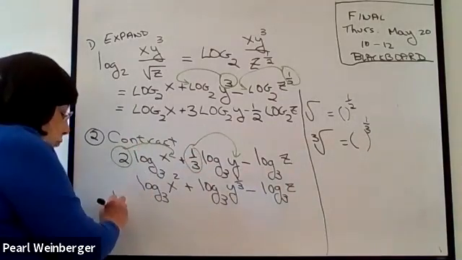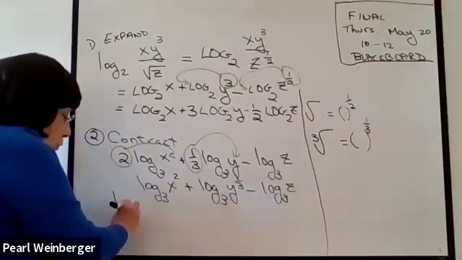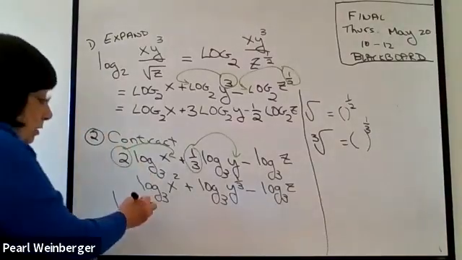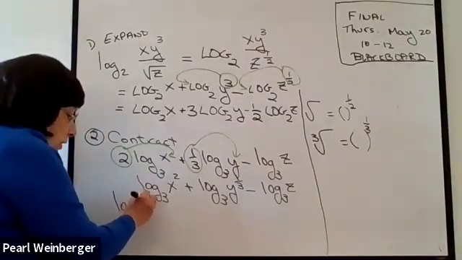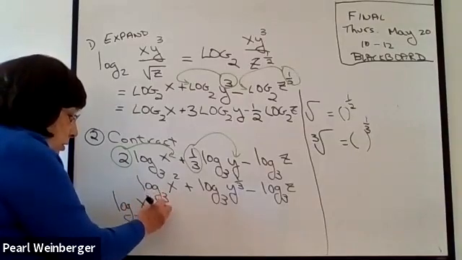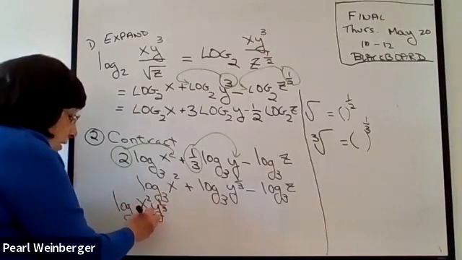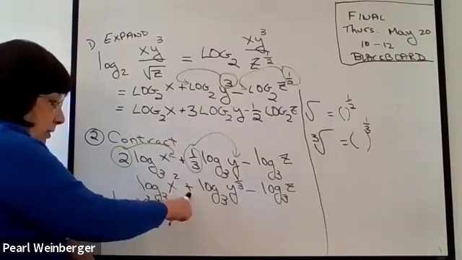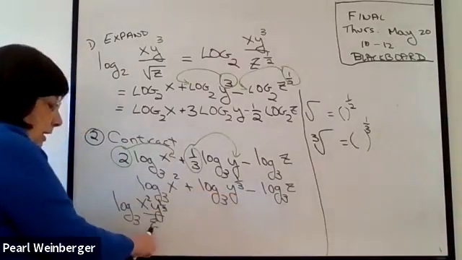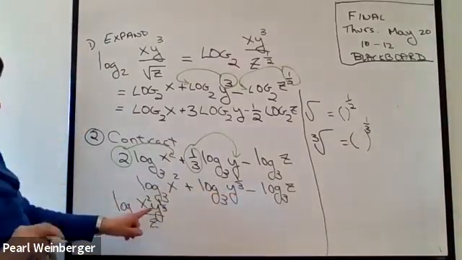So I have to put this word log base 3 once, because we want only a single log. We're going to do the x squared times the y to the 1/3 and divide it by the z. Plus became multiplication, the minus became division.